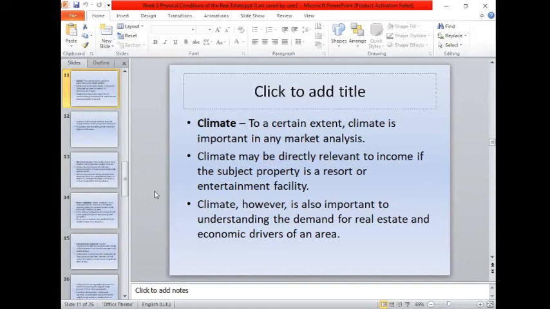That's why climate may be directly relevant, because climate also affects the income of a lot of properties, like resort and entertainment facilities.